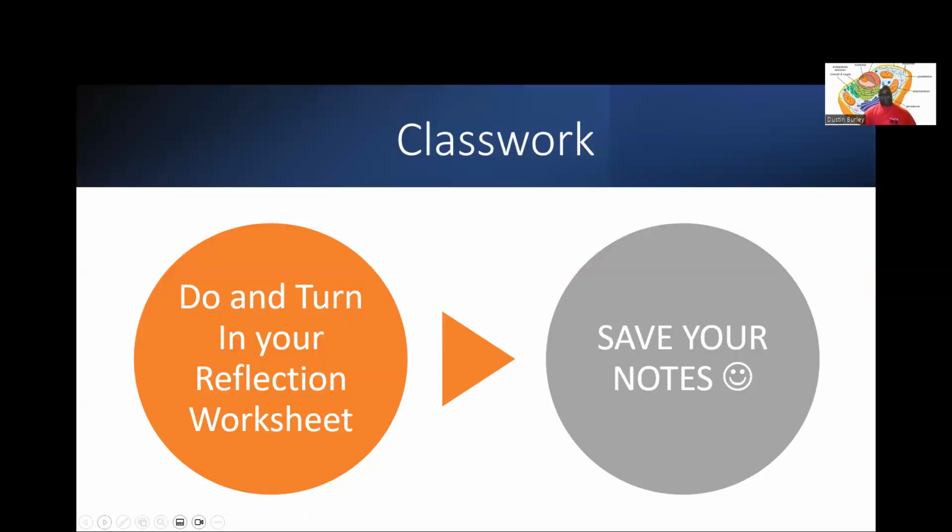So make sure you put your notes up, because you will definitely need them. Make sure that you turn in your reflection worksheet if you have not got them yet.